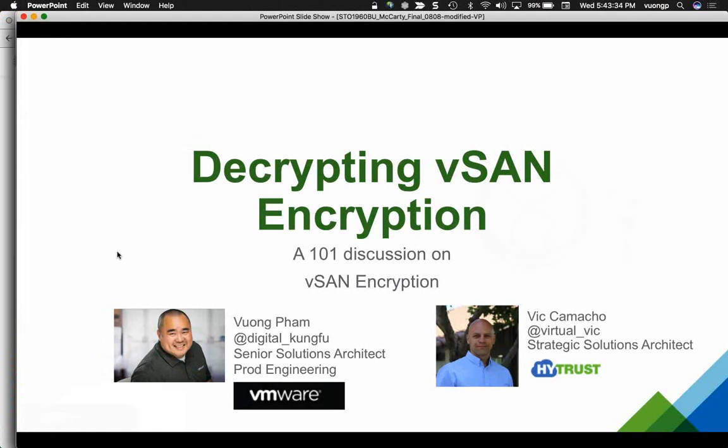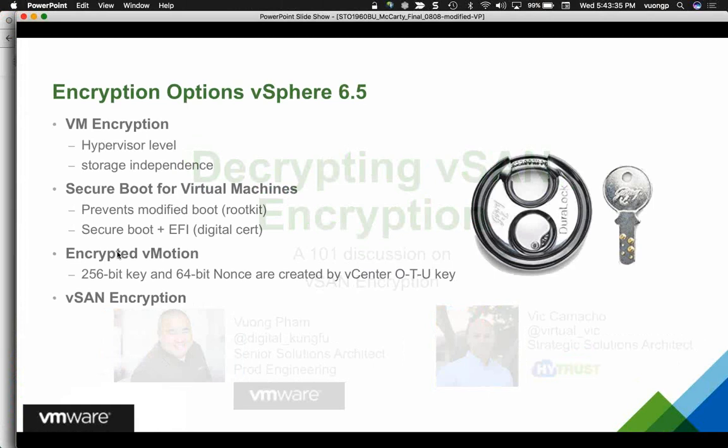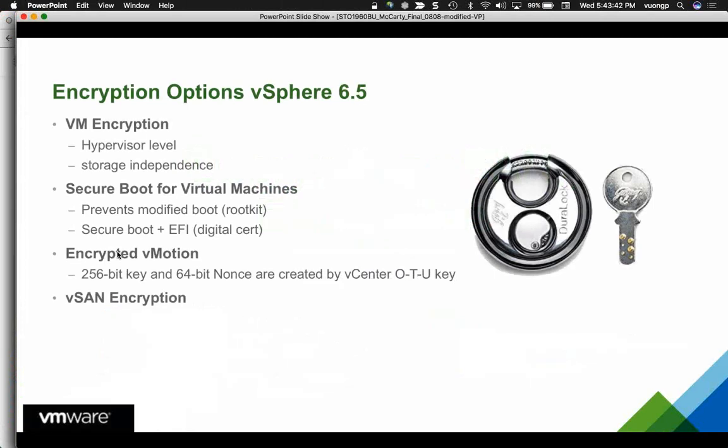Here we go. So in vSphere 6.5, which is the current release, there's a lot of options for you to do encryption. You may have heard some of these, such as VM encryption or secure boot for virtual machines, or encrypted vMotion itself, or vSAN encryption.